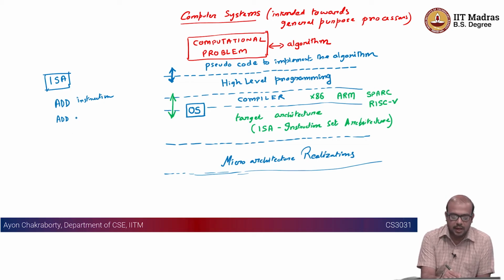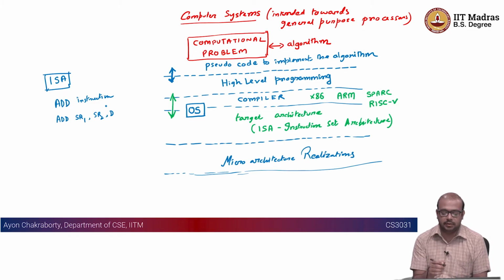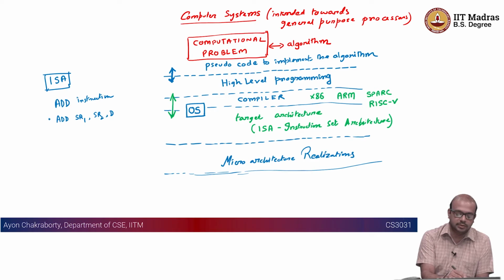So, maybe I can have, as I told you, source 1, source 2 and a destination. The final answer is going to be stored in the destination register, and the two operands are source 1 and source 2. The values in them are going to be added and put into the destination. So, this is an instruction.